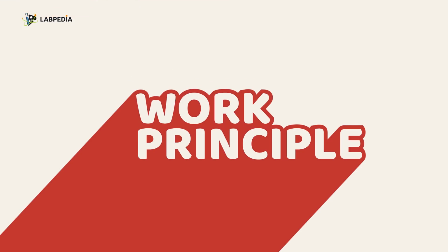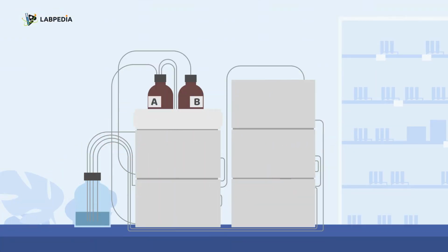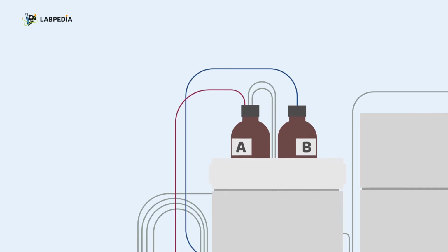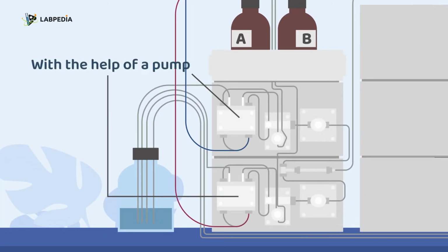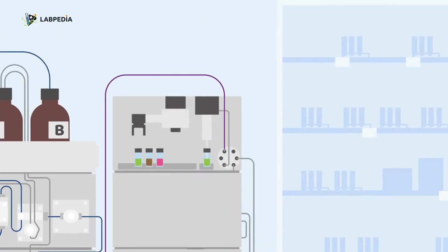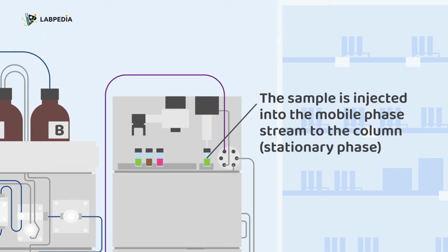Working principle. The mobile phase is flowed to the column, the stationary phase, with the help of a pump. The sample is injected into the mobile phase stream to the column.